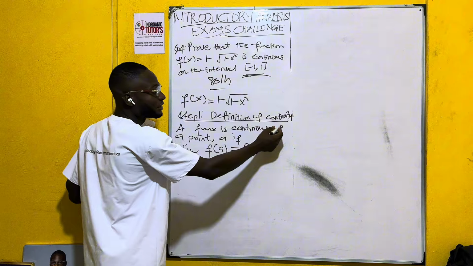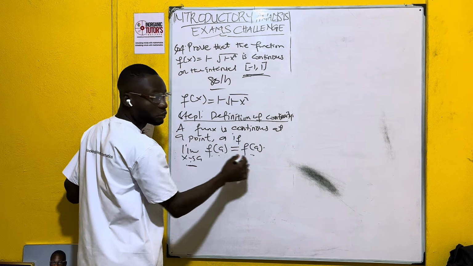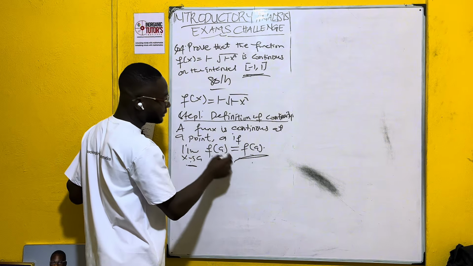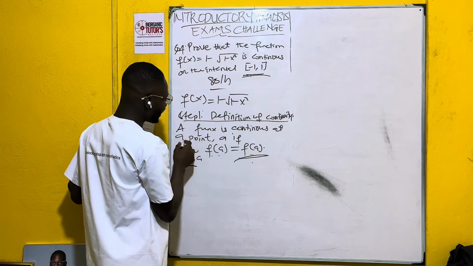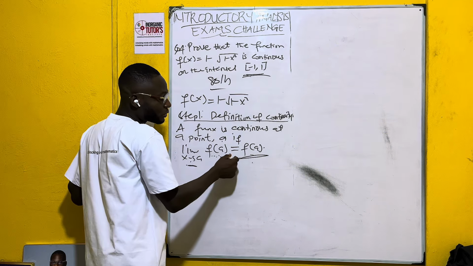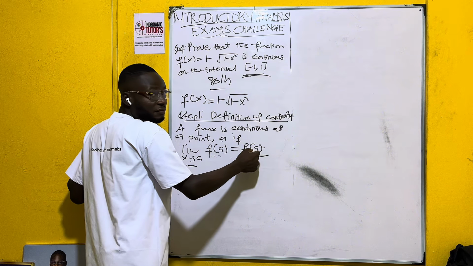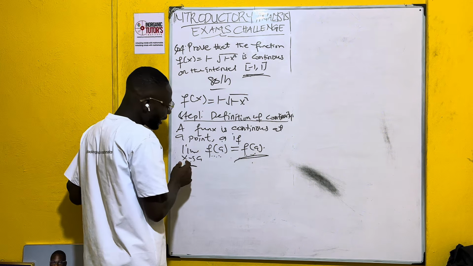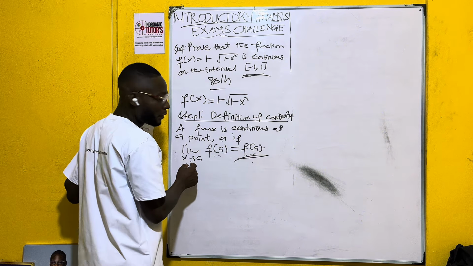So this is the definition of continuity. You have to write this. A function is continuous at a point a if the limit of the function f(x) is equal to f(a) as x approaches a.